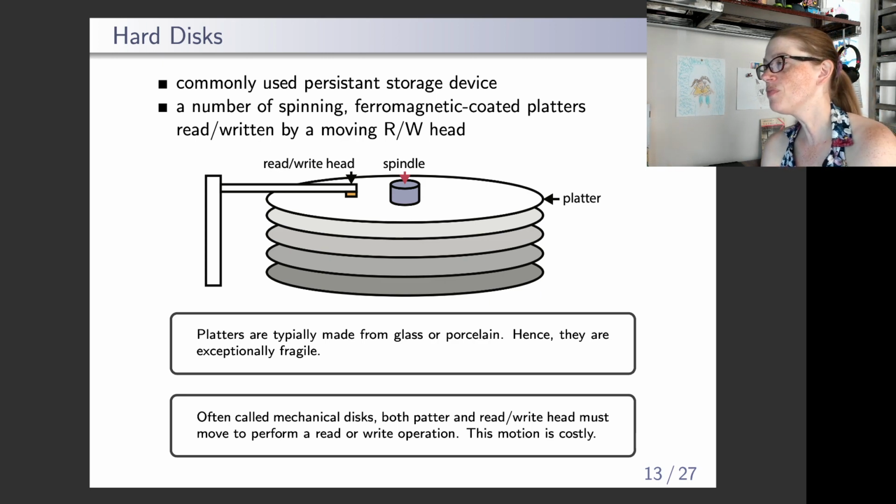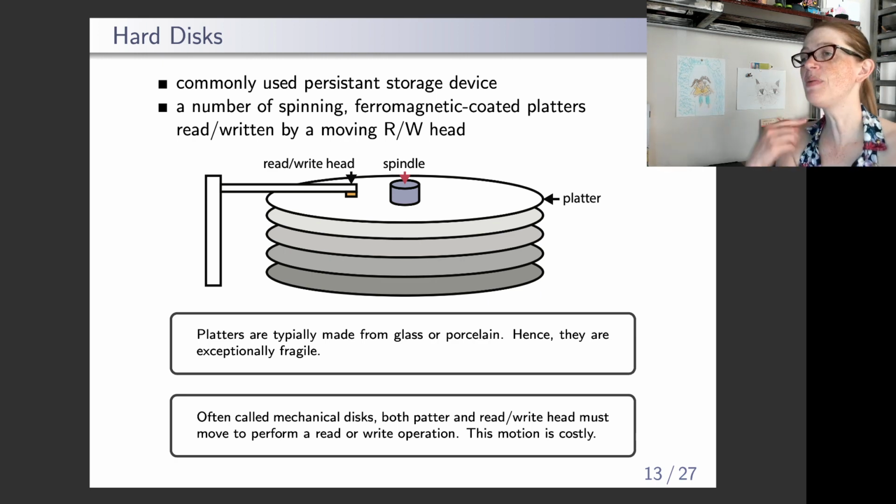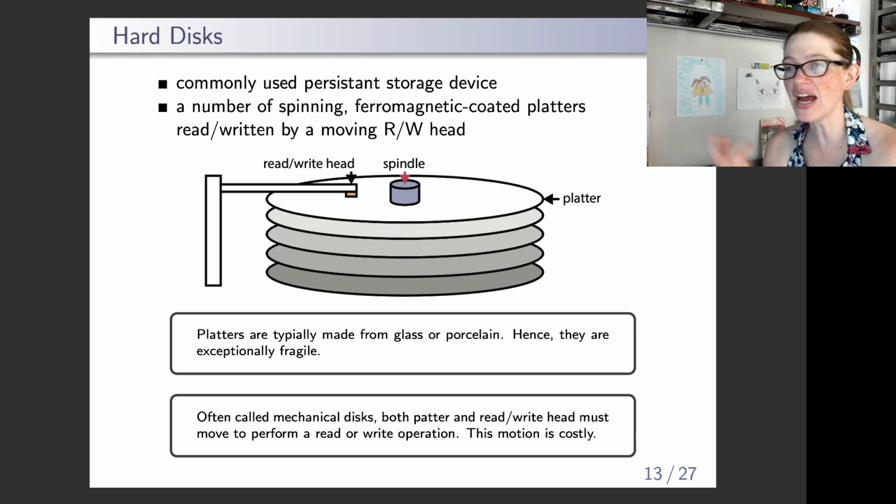All right, what's really interesting about these mechanical drives, before we talk about the costs associated with them, is that they are incredibly fragile. You have this head sitting just microns above the platter, and it can't touch down. The platters themselves are spinning at a really rapid rate, and they're made out of fragile materials.